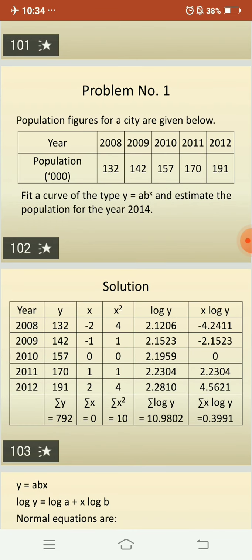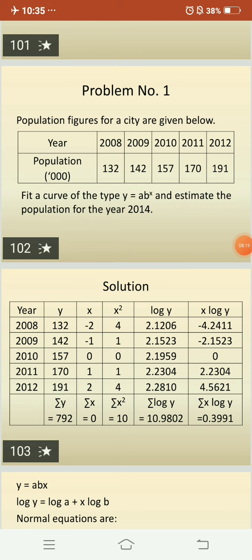Consider the first problem. Population figures for a city are given below. First you need to consider years and populations. Here 5 years of data are given: 2008, 9, 10, 11, 12. The populations are the y variables.